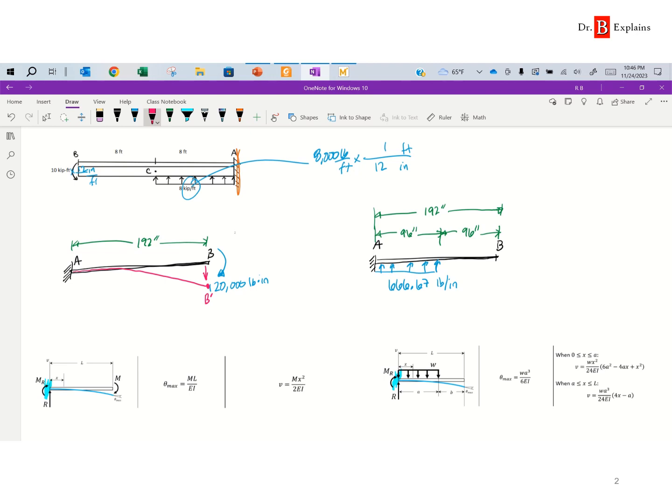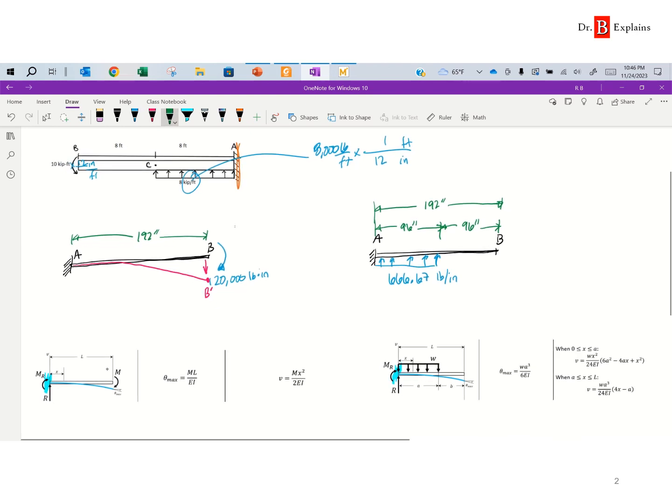So that moment is causing a downward deflection at point B. Remember, that's one of the things we want to keep track of. And the angle that the beam makes with the horizontal, this angle theta, would be clockwise, or called a negative angle. I'm going to put here clockwise.